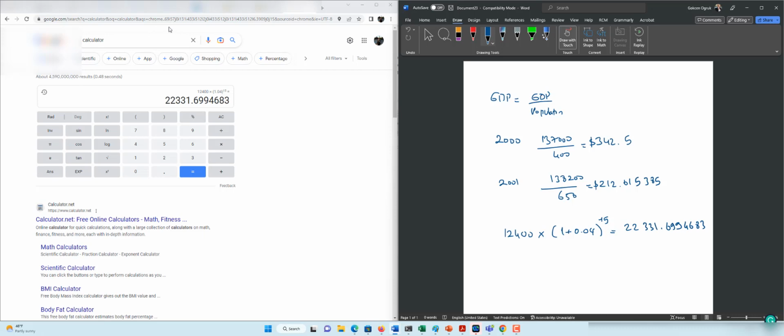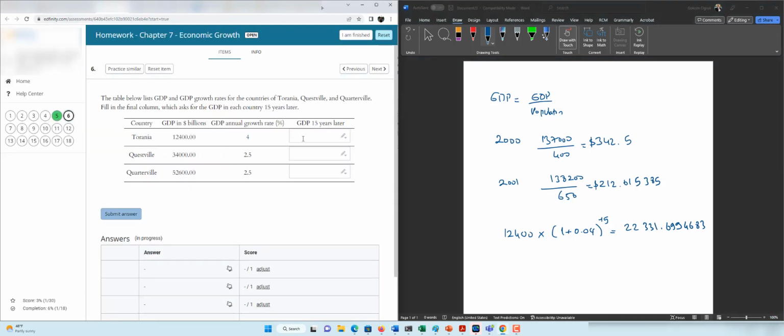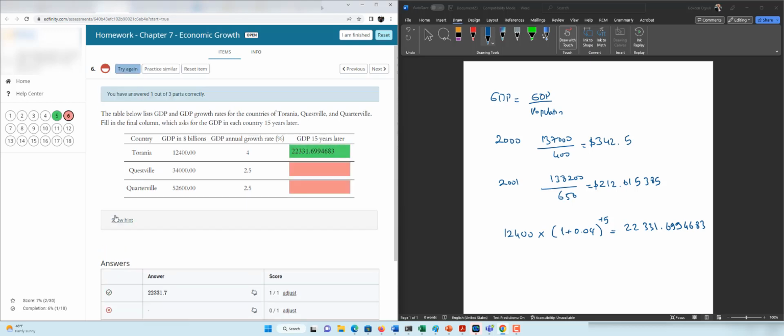And then you go back to your assignment and type here 22,331.6994683, and then submit. So you're going to calculate the remaining numbers accordingly.